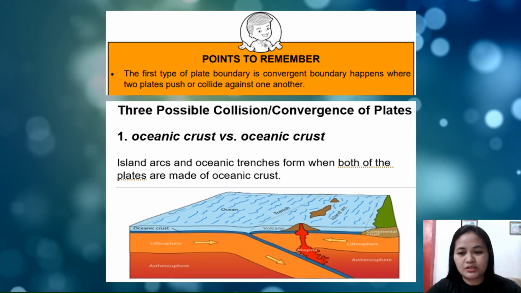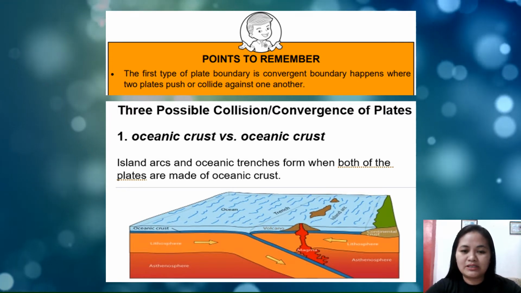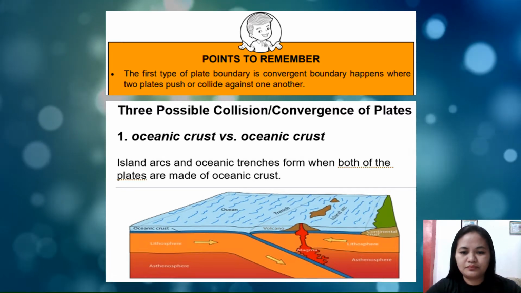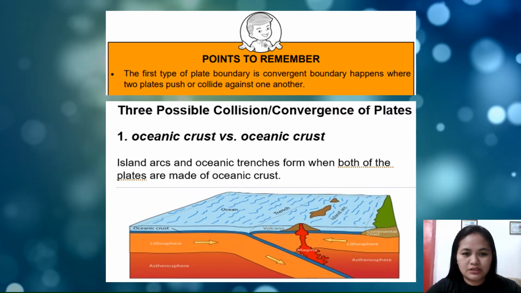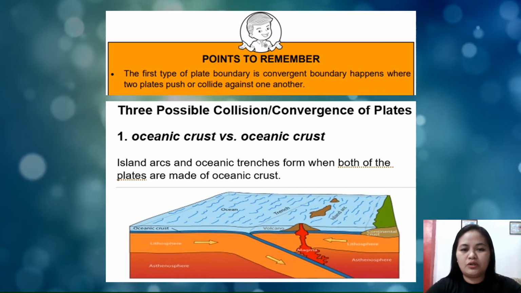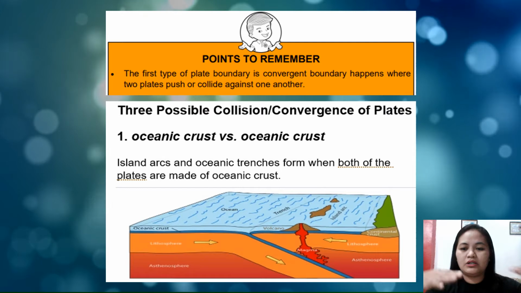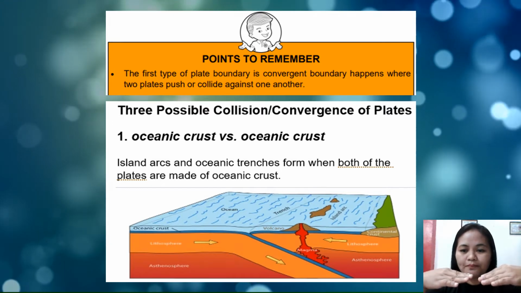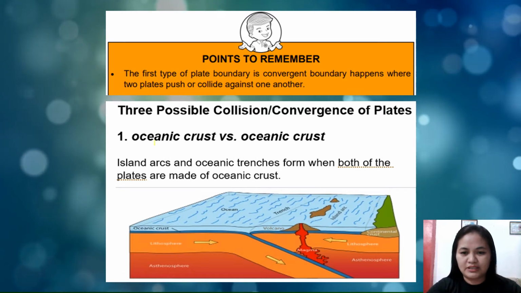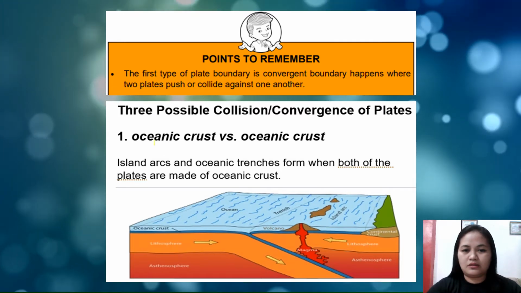Because there is subduction, and when we say trench, that is a very deep part of the ocean. Alright, so this is the first possible collision, convergence or meeting of two plates. Oceanic versus oceanic.